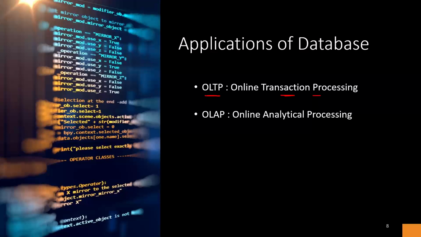You go to bank and you do transactions. You do transactions using net, using mobile, from ATM, or you go to branch and do transactions. When you do a transaction, some information is being inserted, some information in the system might be updated, and sometimes some information might be deleted.